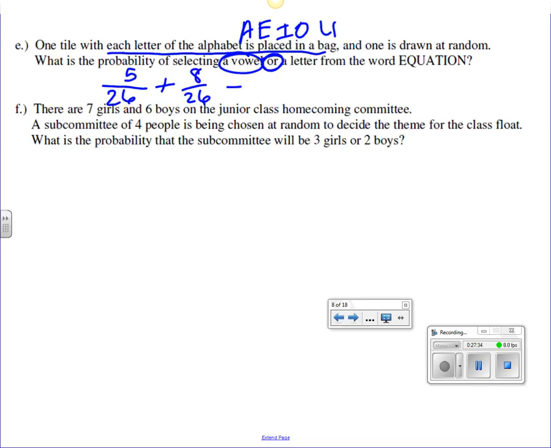Okay. Now, is it possible to have a vowel and a letter from the word equation? Yes. How many? There are 5 vowels that are also in the word equation. What's the shortcut you could do on this one? Those 2 cancel. Okay. All right, what do you have for this one?